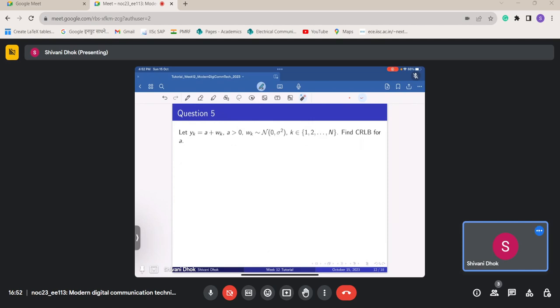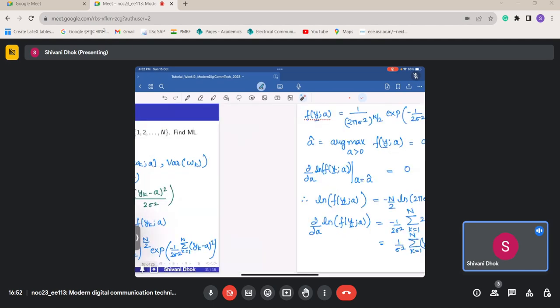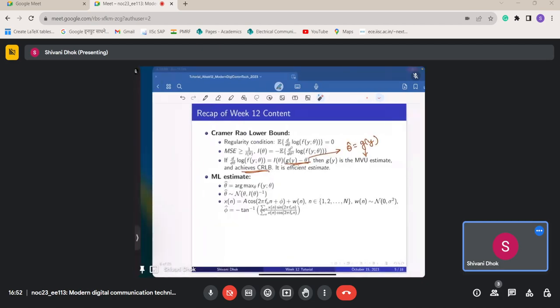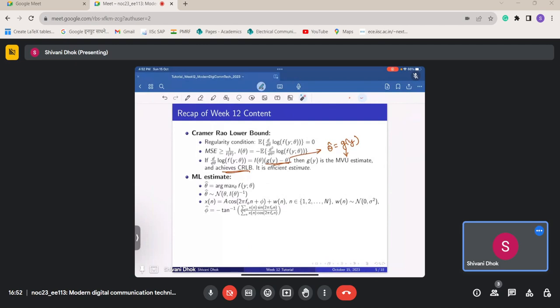Okay, so now let us look back and see what the Cramer Rao lower bound, CRLB, says. If the regularity condition, that is the expectation of d by d theta of log f of y given theta, is equal to 0, then your MSE, the mean squared error, will be greater than or equal to 1 by I theta, where I theta is the Fisher information, given by minus the expectation of d squared by d theta squared of log f of y given theta.